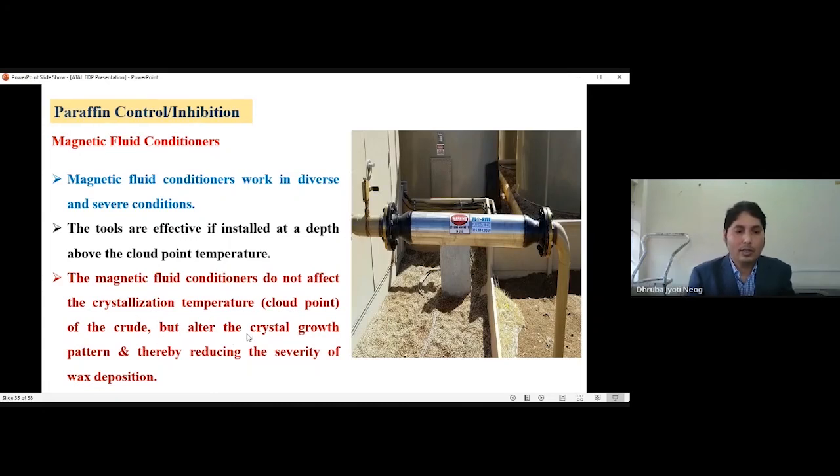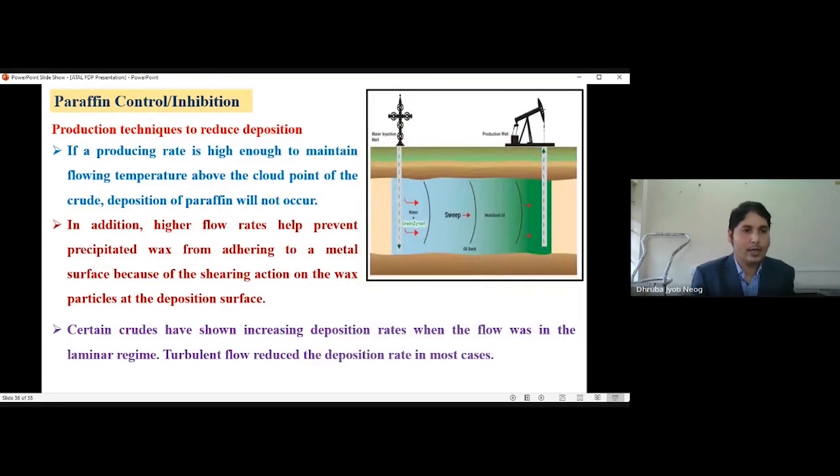What they do is alter the crystal growth pattern, thereby reducing the severity of wax depositions, because the formation of the crystals and their growth is prevented by applying a magnetic field. Therefore, this can be removed.